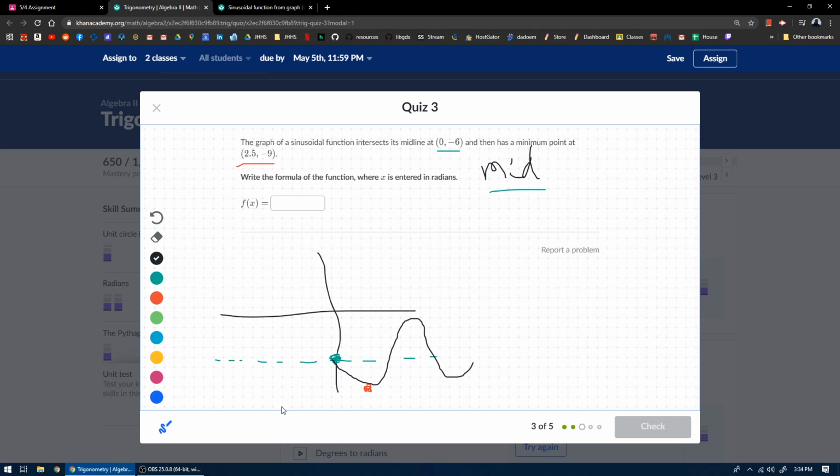Let me take out the values here. The midline, what's this line right here? It's at 0, -6. So the midline is y equals -6. Amplitude.